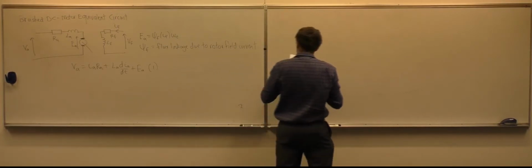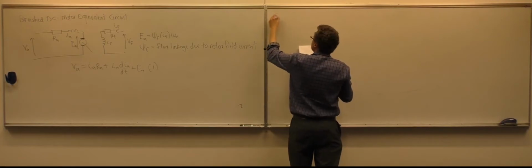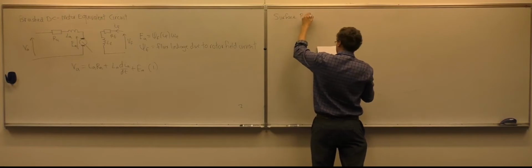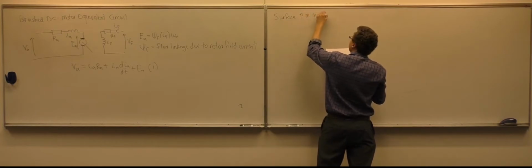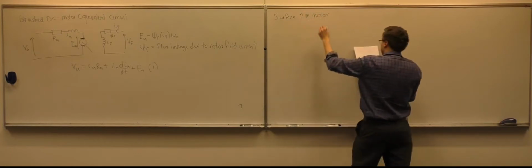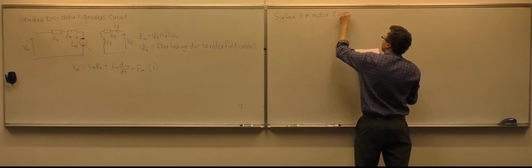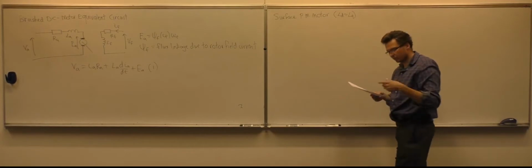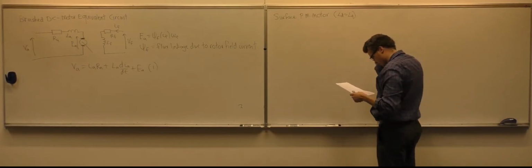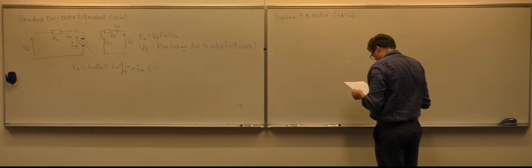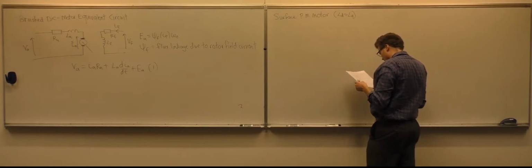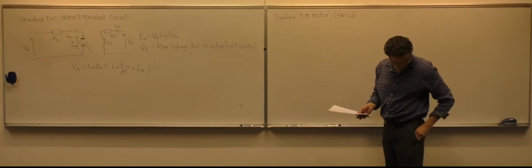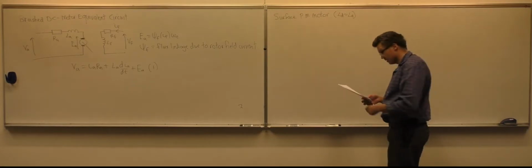So in the surface permanent magnet motor, if it's just magnets on the surface of the rotor, the LD and LQ are very close, and we can say they're the same.